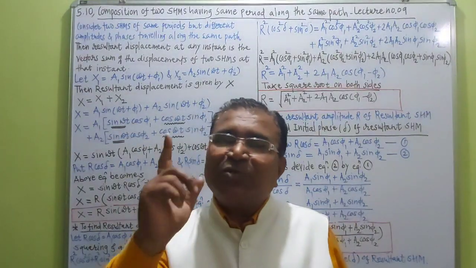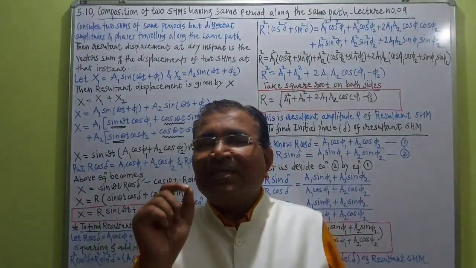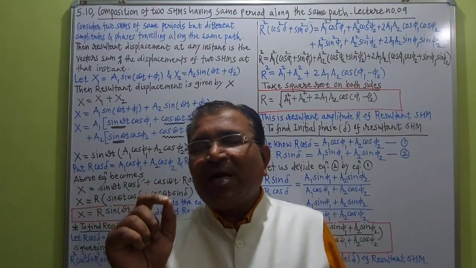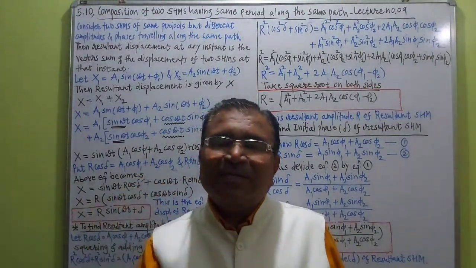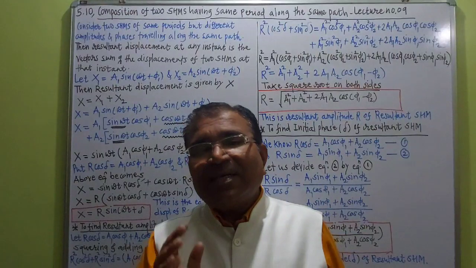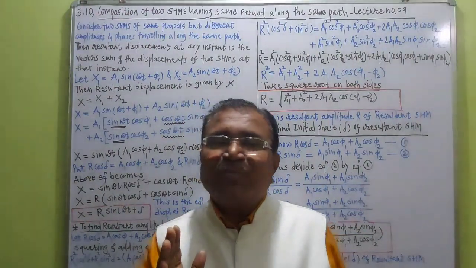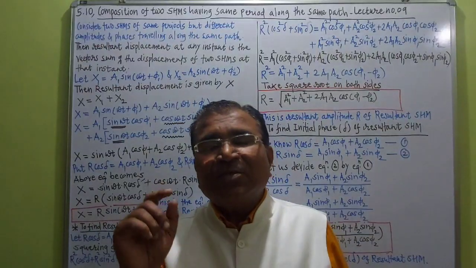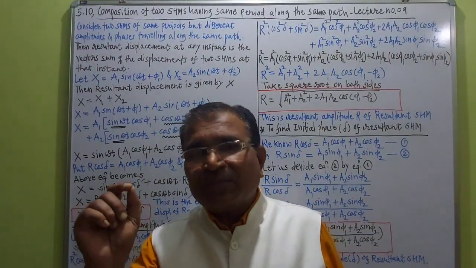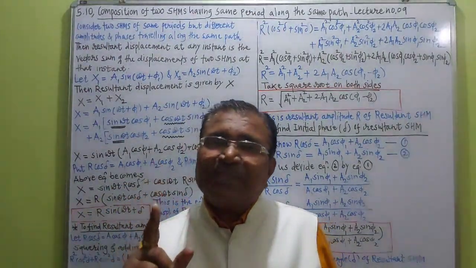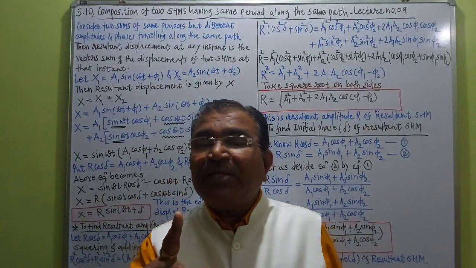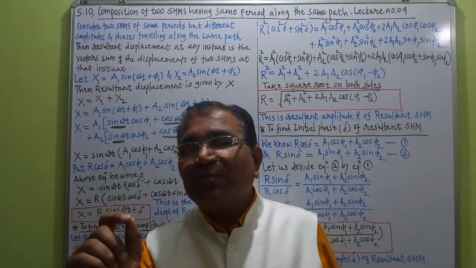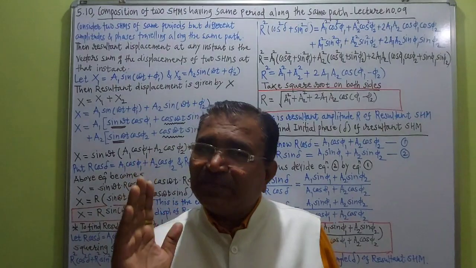x1 is equal to capital A1 sin(omega t plus phi 1), and the second one, x2, is equal to capital A2 sin(omega t plus phi 2). Periods are the same, amplitudes and initial phase angles are different.